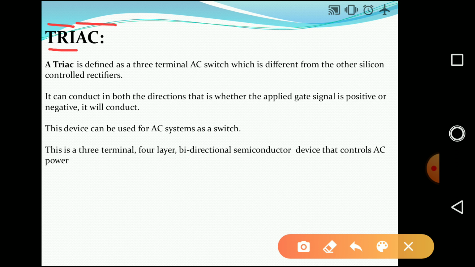So this is a three-terminal, 4-layer bidirectional semiconductor device that controls AC power. Bidirectional means current flows through the triac in both directions, MT1 to MT2 and MT2 to MT1.